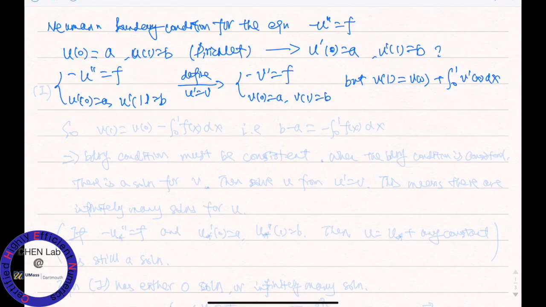So if you tell me that negative v prime is f, we should have v(1) is equal to v(0) minus the integral from 0 to 1 of f of x dx, i.e. b minus a must be equal to negative the integral from 0 to 1 of f of x dx.